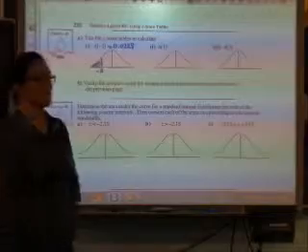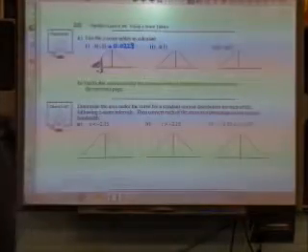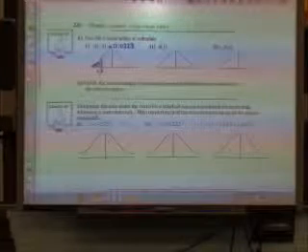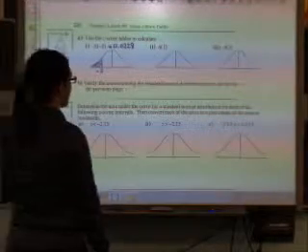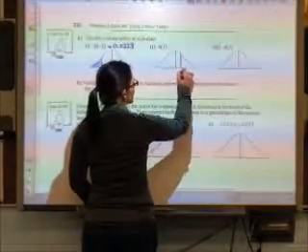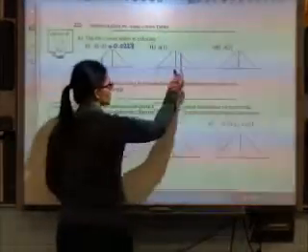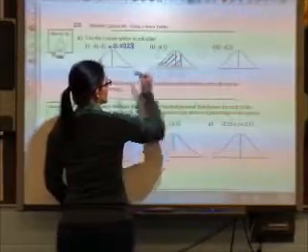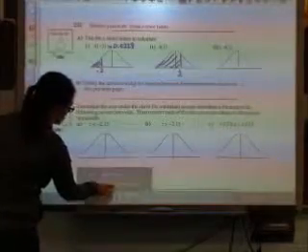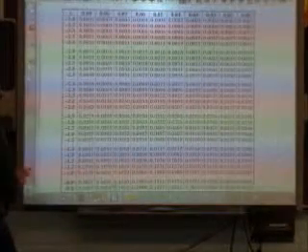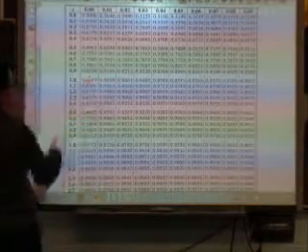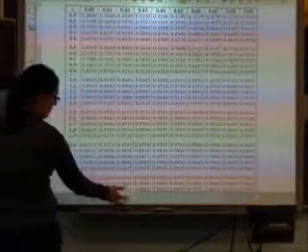So what I want you to do is press pause and take a moment to find the area to the left of a z-score value of 1 and the area to the left of a z-score value of 2. That's where 1 would be on my standard normal curve. To the left, I find my z-score table. I want the positive table, and I want 1.00, which is 0.8413.